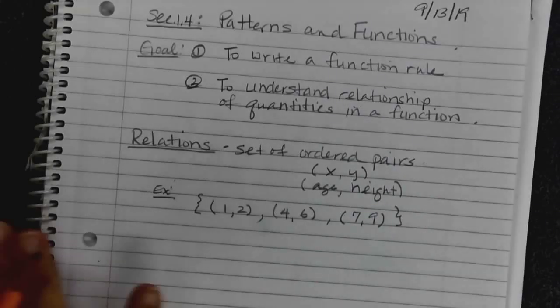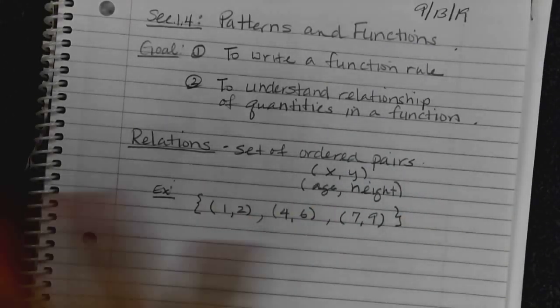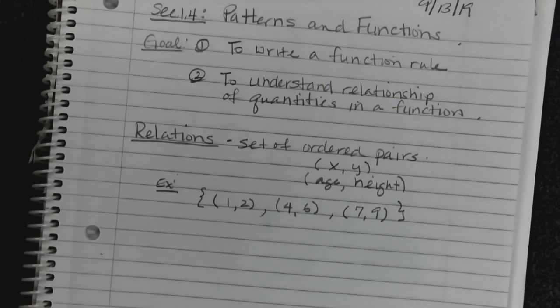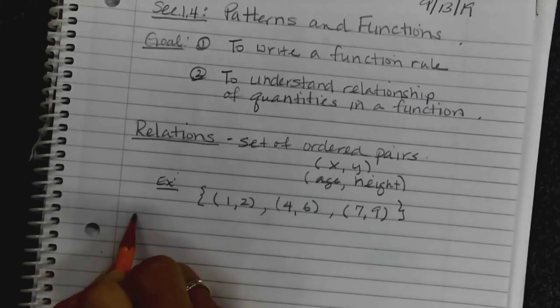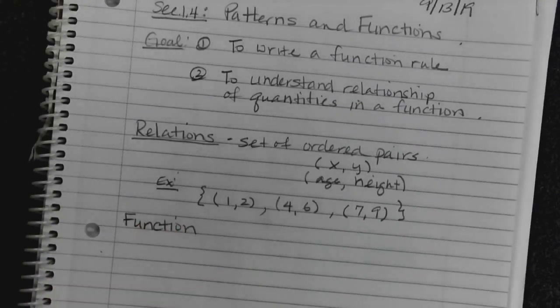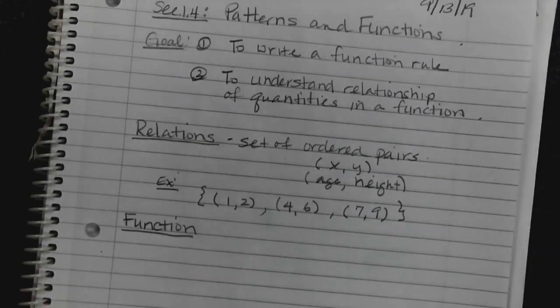There's a relationship between x and y, or whatever the two quantities are. That is a relation. It's a set of ordered pairs. Okay? So some relations are functions, but not every relation is a function. So can somebody have an idea what a function could be?